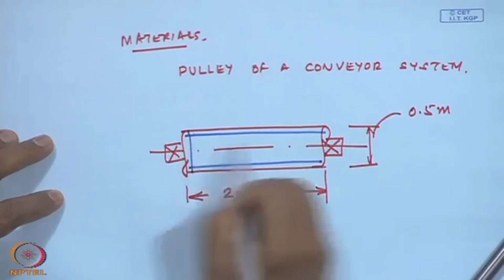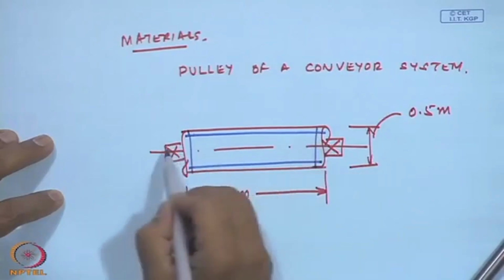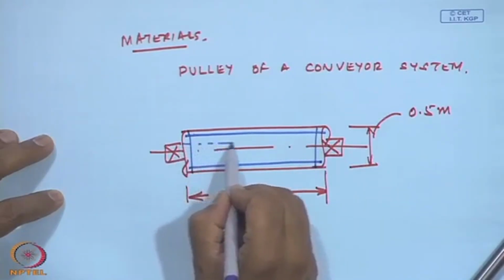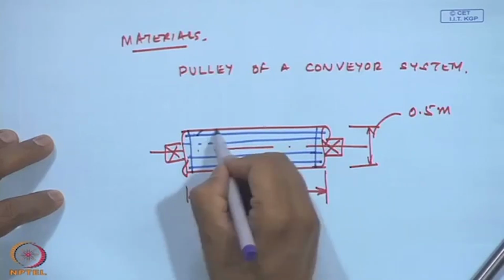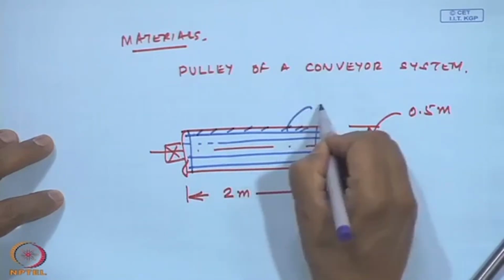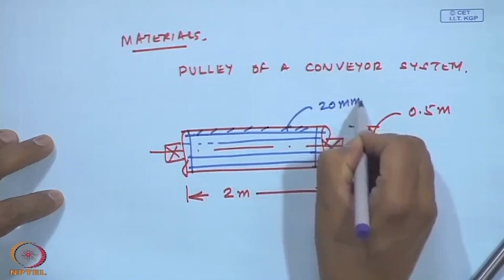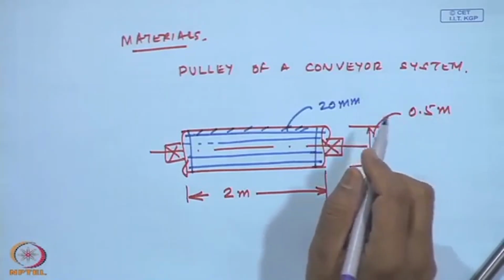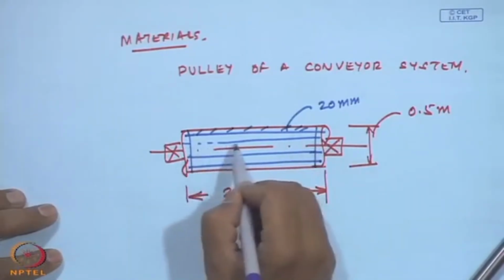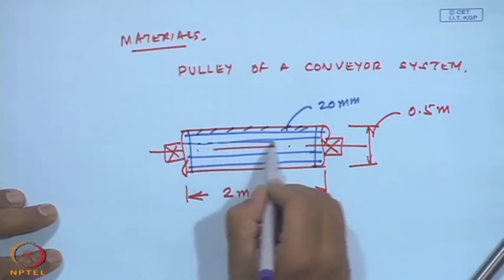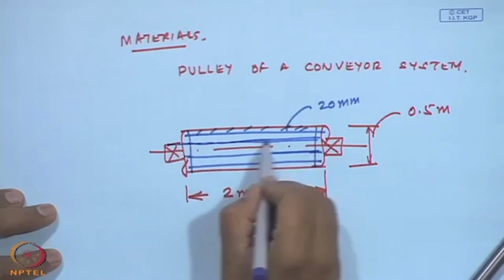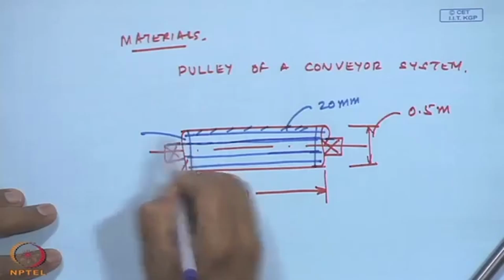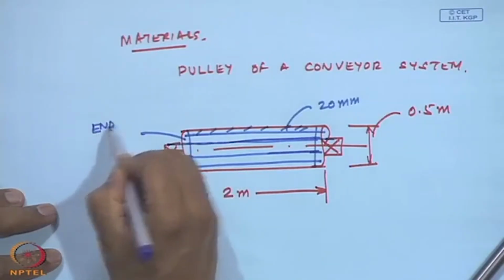And this is a hollow drum, and then there are some end plates here onto which we put a shaft. And this thickness is about 20 mm. Now, the shaft is a solid shaft onto which we have the end plates.